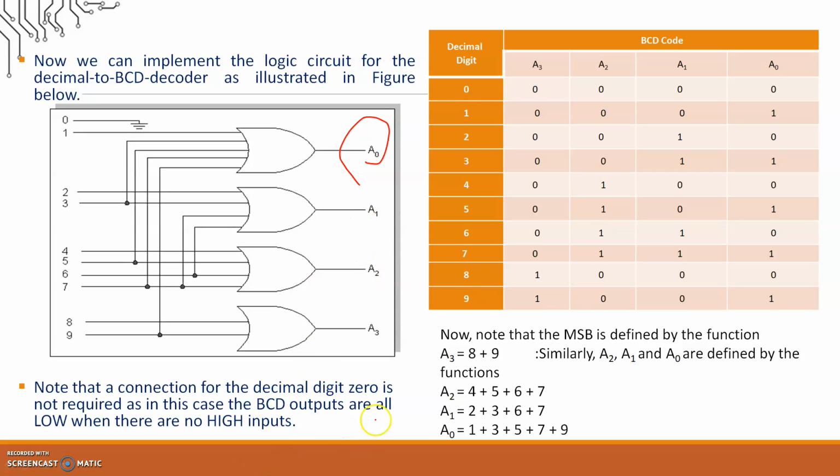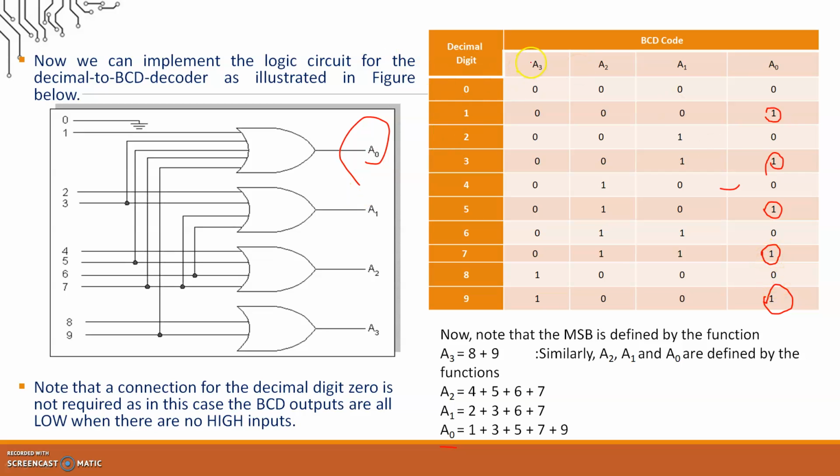Here you can easily say that A0 will be connected with 1, 3, 5, 7 and 9.